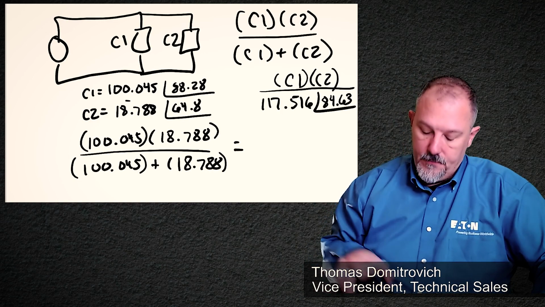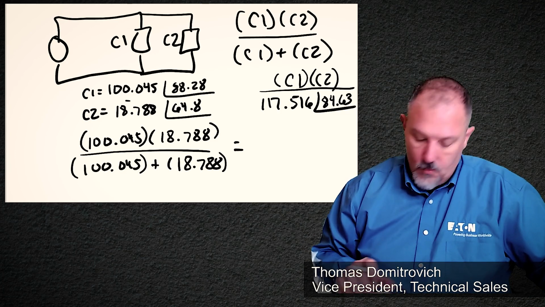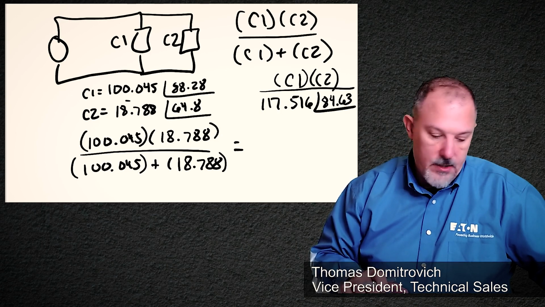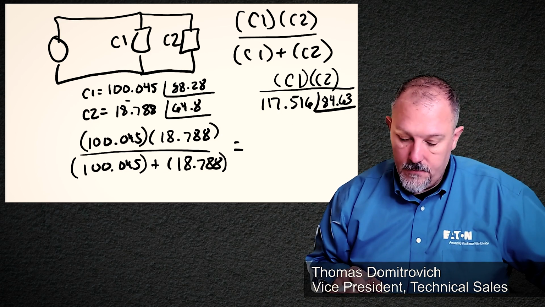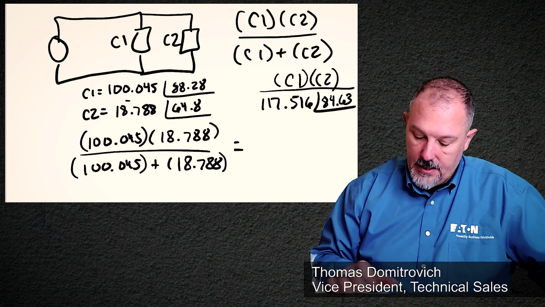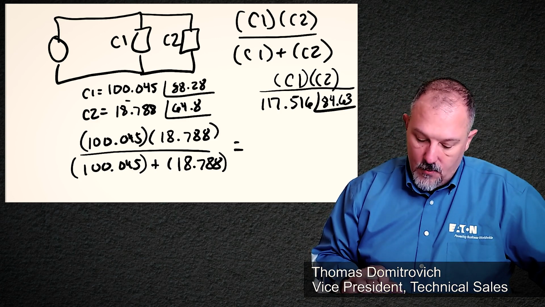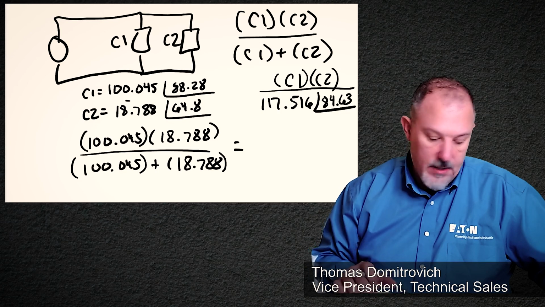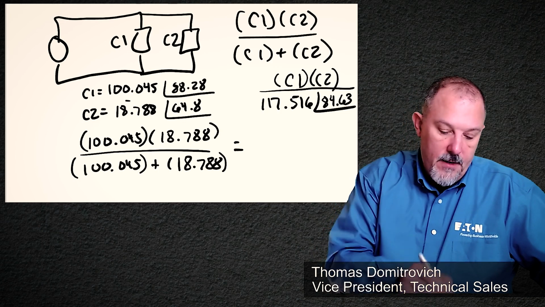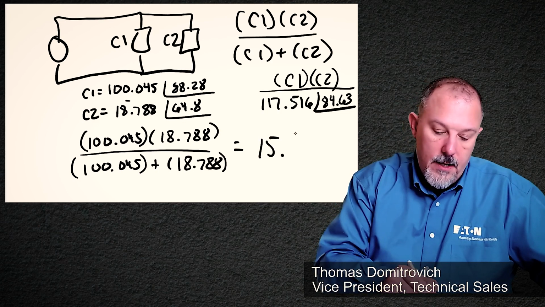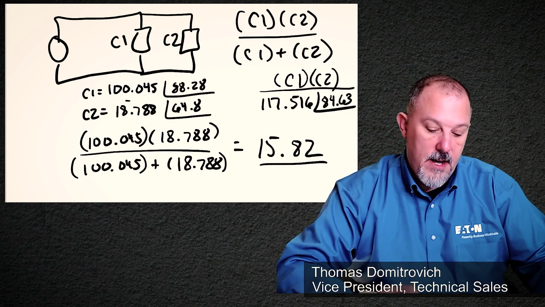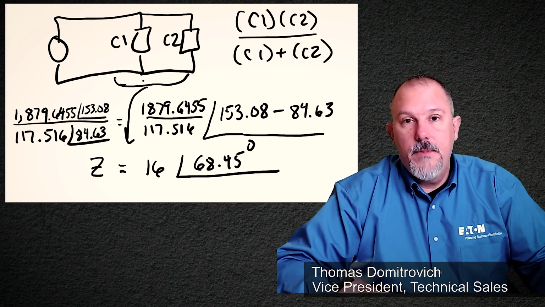Let's do the math. 100.045 times 18.788, and then I'm going to divide that by 100.045 plus 18.788. That gives 15.82. So 15.82, if I ignore all the complex math, 16 if I don't.